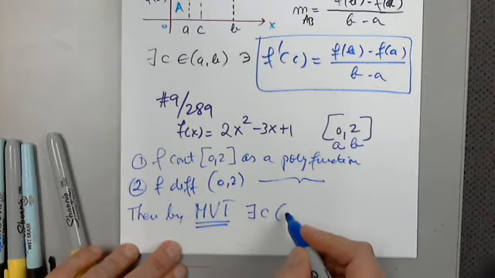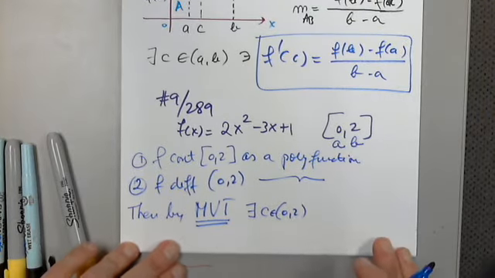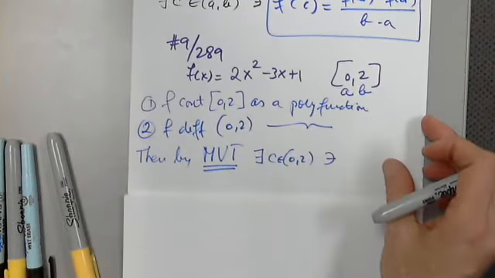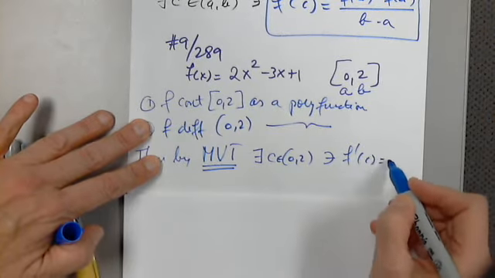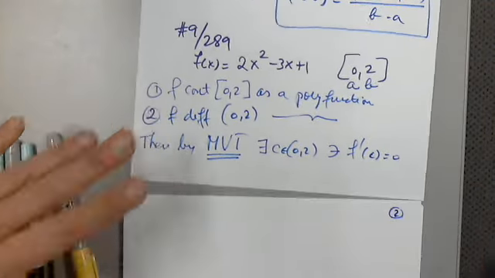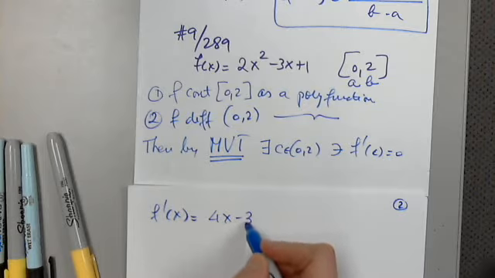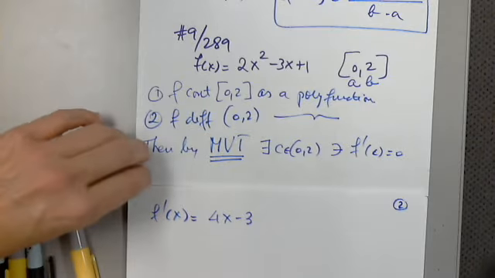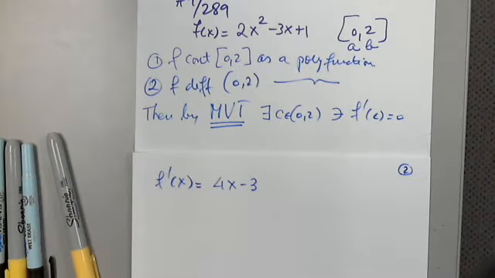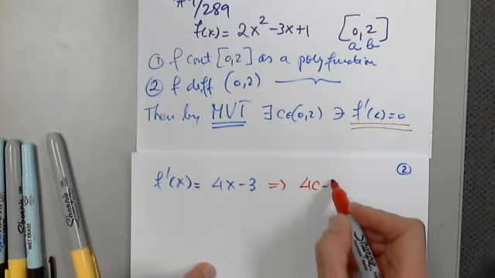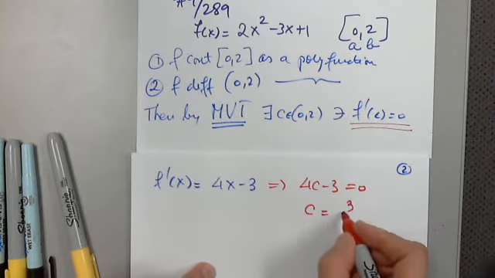There exists a c in the open interval (0, 2) such that, and now I have to find f prime of x, such that f prime of c is 0. So now we have to find it. Have to find f prime of x first, which is 4x minus 3. In order to solve this equation, all I have to do is write 4c minus 3 equals 0, and I get c equals 3/4.